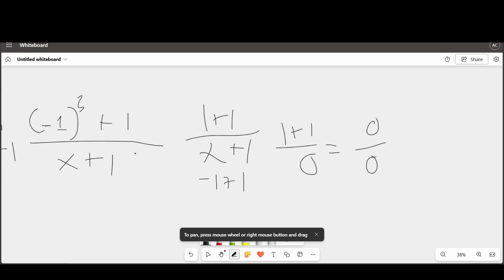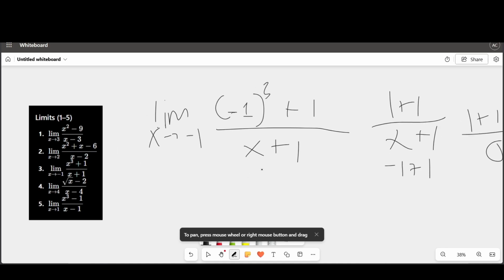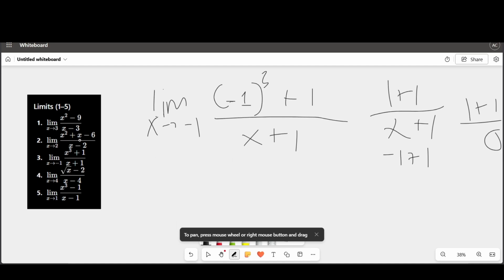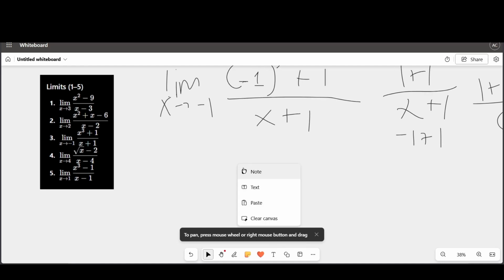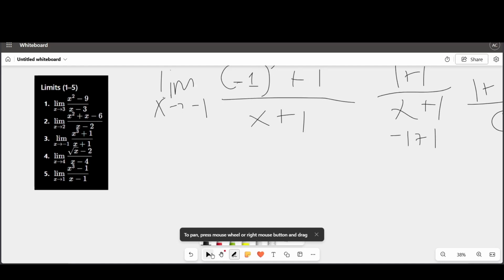So we just have to factor again. So what multiplies to 1? Okay, what multiplies to 1? Well, we're just going to have 1.